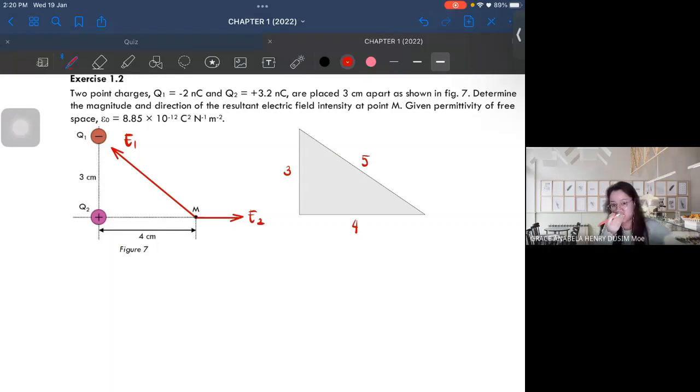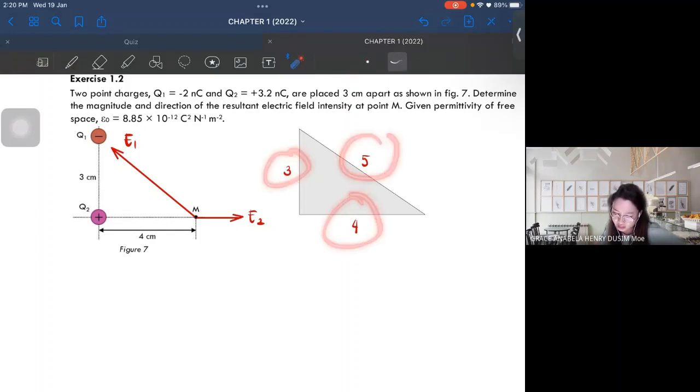Do you still remember? Pythagoras theorem. So this one, 3, 4, 5. Usually it comes with 8, 6, 10 also if I'm not mistaken. Okay, just remember it. If you don't remember, just calculate using the Pythagoras theorem.